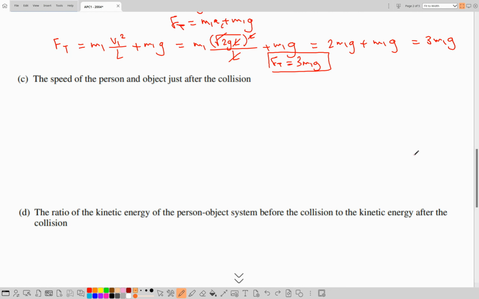Now in part C we need to determine the speed of the person and the object just after collision. So we're comparing a quantity just after the collision, and this is governed by a phase under which the conservation of linear momentum is dictated.